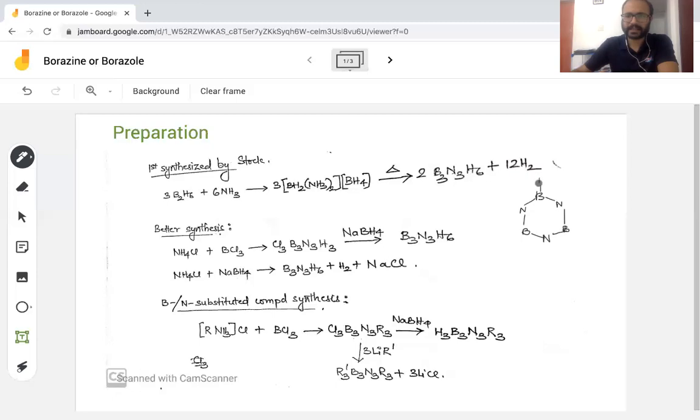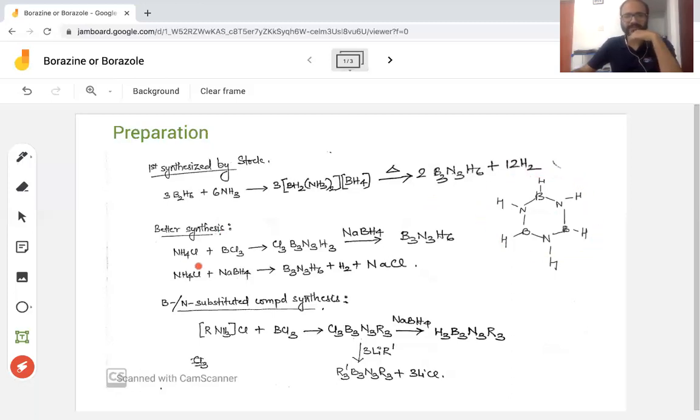At each atom, you have a hydrogen attached. So this is the general structure of the Borazine molecule, and this is the first preparation.